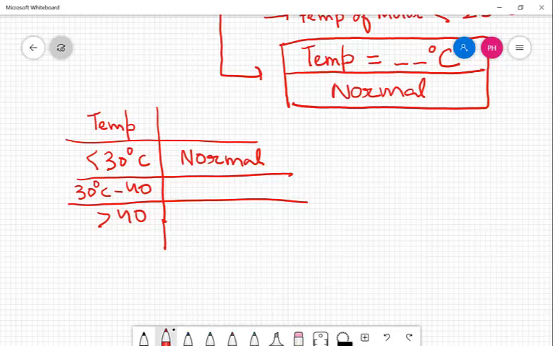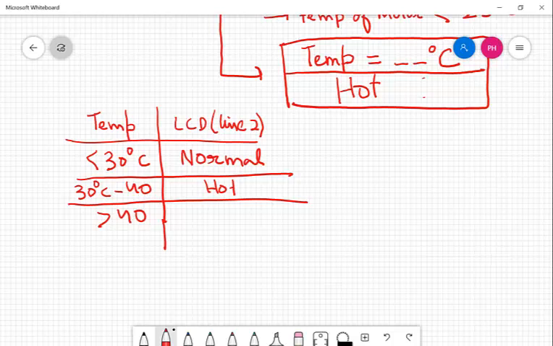If the temperature is between 30 degrees Celsius and 40 degrees Celsius, we have a different message that needs to be displayed on LCD, and it shows hot. LCD line 2.